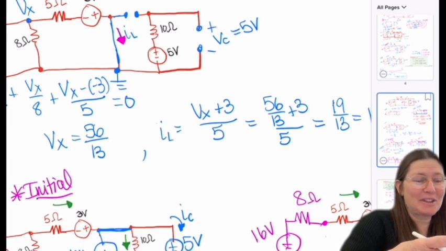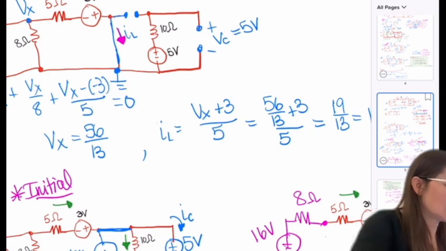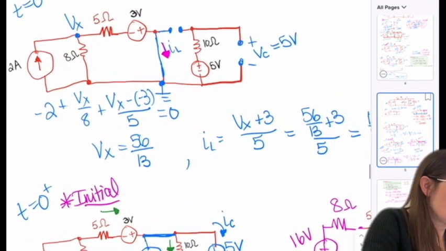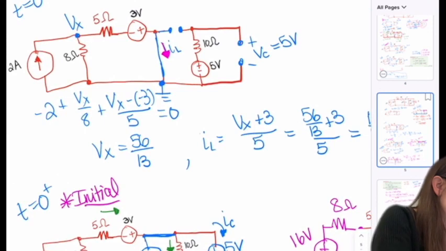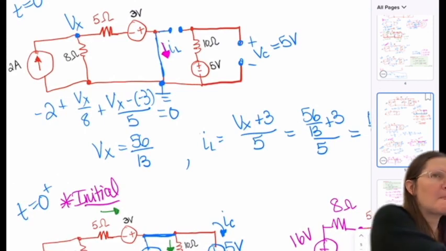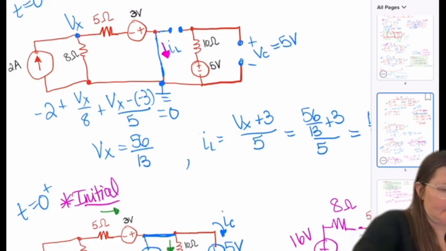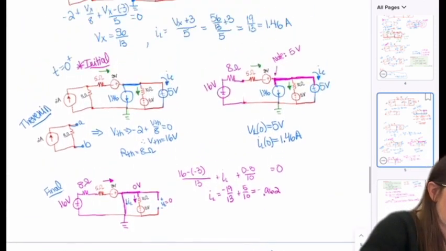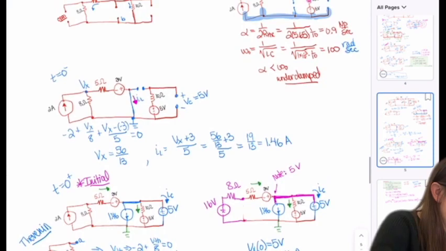I could be wrong with this. What's 56 over 13? It's 4.3. Let's see, minus 2 plus Vx over 8 plus Vx minus a minus 3 over 5 ends up to be Vx times 13 over 40 equals 2.6.